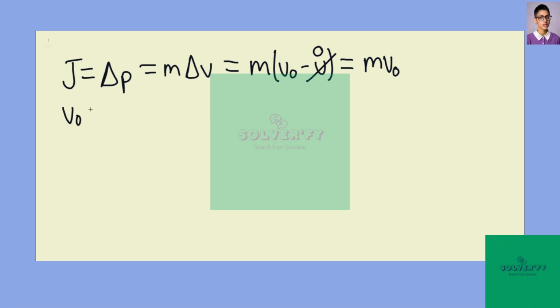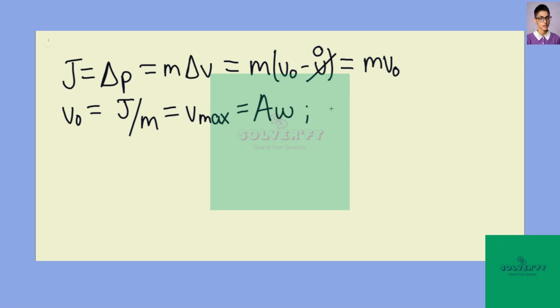The original velocity is then going to be equal to the impulse divided by m, and this would be equal to the maximum velocity, which the formula for the maximum velocity would be equal to the amplitude times the angular velocity.